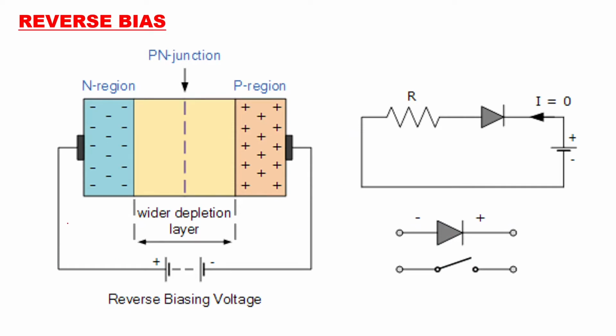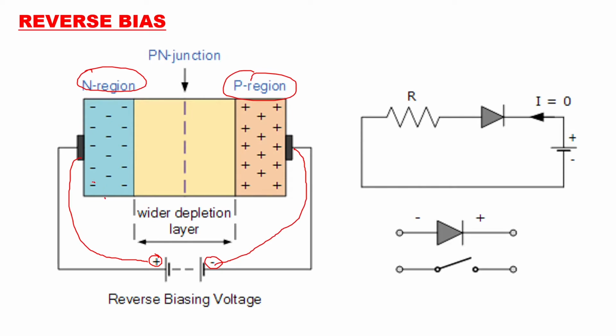So here in reverse bias condition, you can see the N region here is connected to the positive terminal of the battery, and the P region here is connected to the negative terminal of the battery. Because of this, charge carriers are attracted.